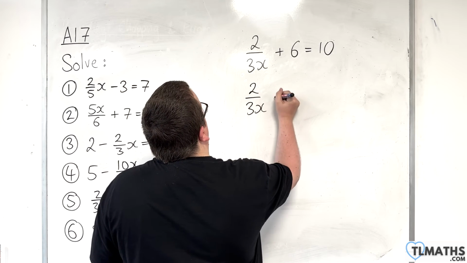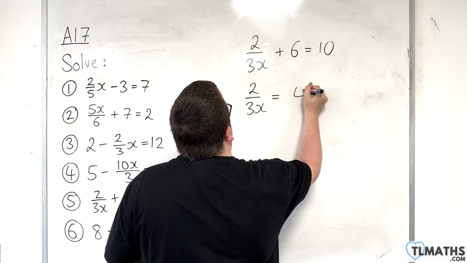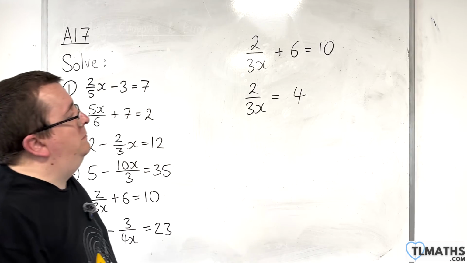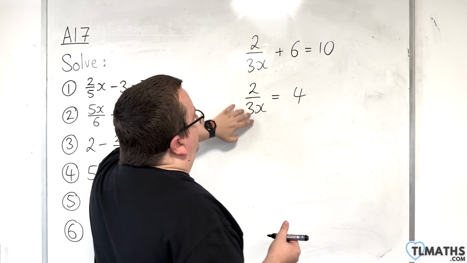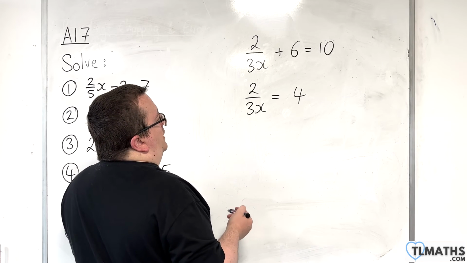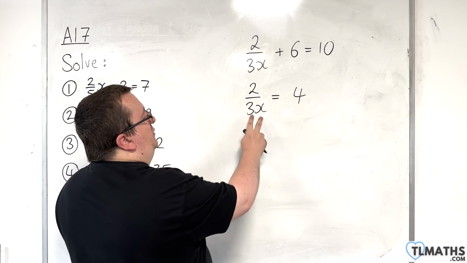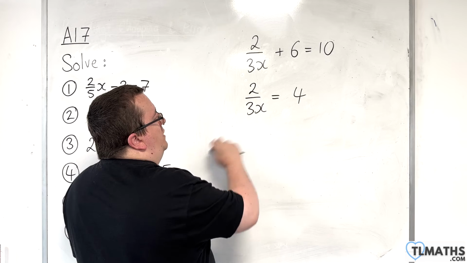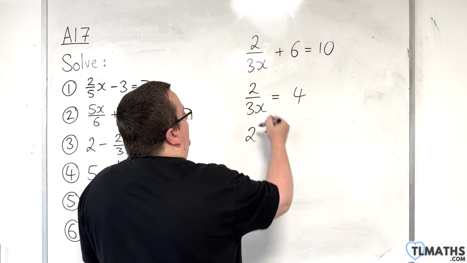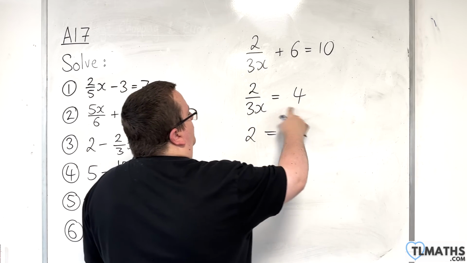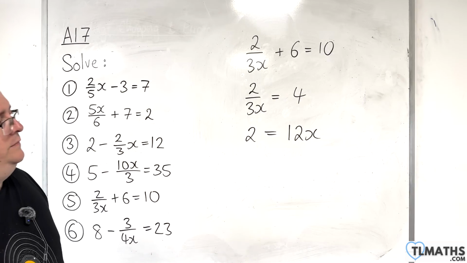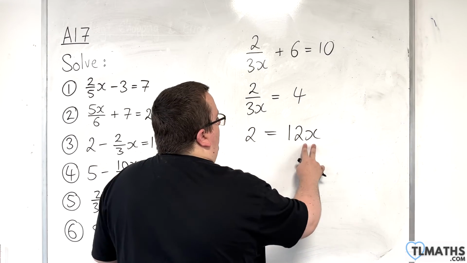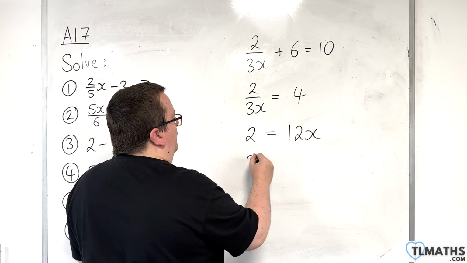So we're going to subtract 6 from both sides. 10 take away 6 is 4. So we've got 2 divided by 3x is equal to 4 here. So let's multiply both sides by 3x to get rid of the denominator. So on the left-hand side, I've just got 2. 4 times 3x is 12x.